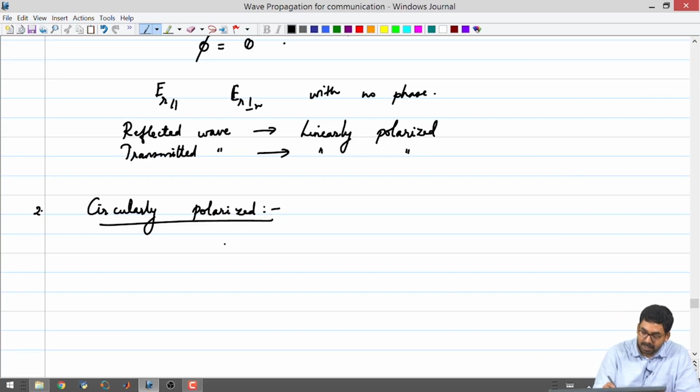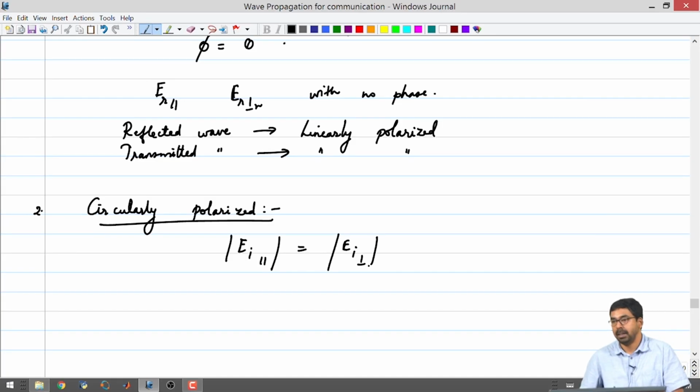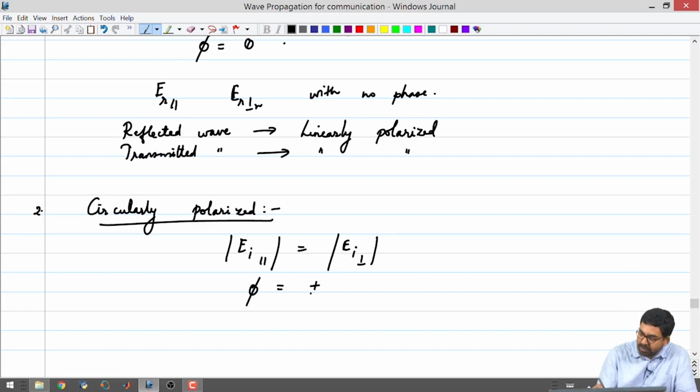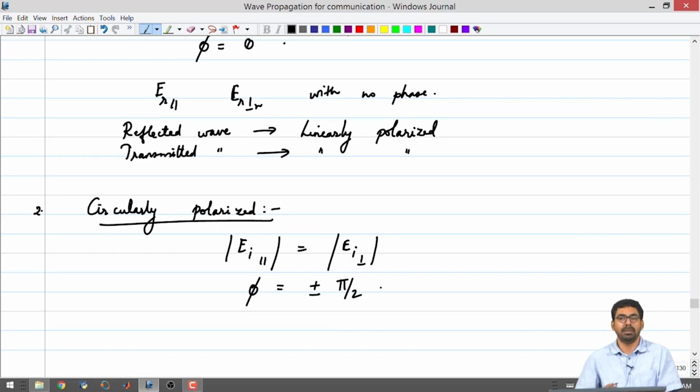So, here we can say that equivalently your EI parallel is the same as your EI perpendicular magnitude, that is how you define circularly polarized with respect to an interface, and there is a phase difference between the two, and it could be either plus pi by 2 or minus pi by 2 depending upon whether you are having left or right circular polarized wave. So, this would be the condition for having circularly polarized wave hitting your media interface.